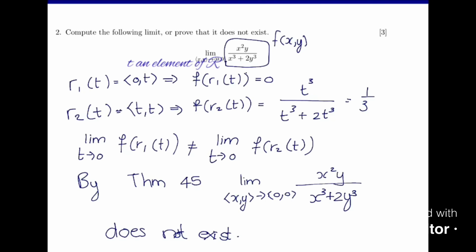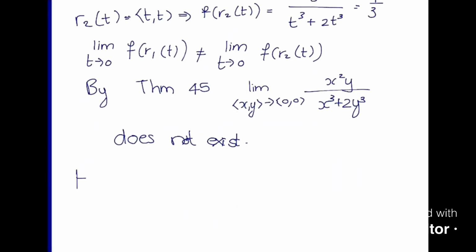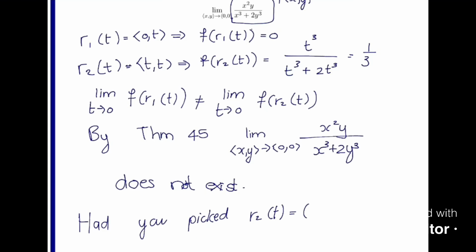Now, just a note, had you picked r2 to be something like just the swap of r1, so let's say (t, 0), you would still get 0.